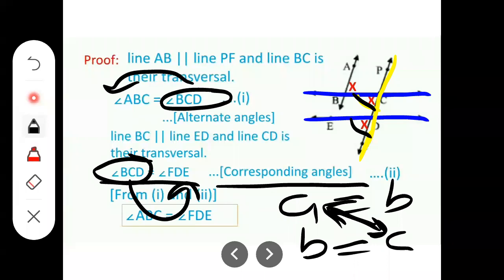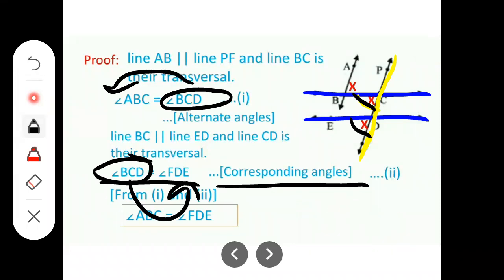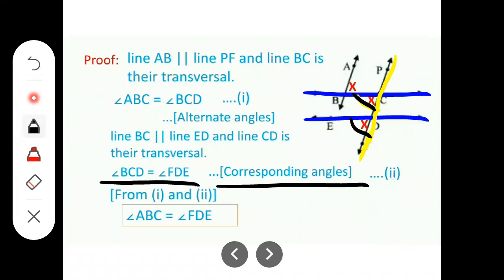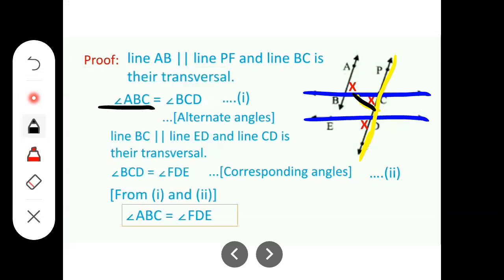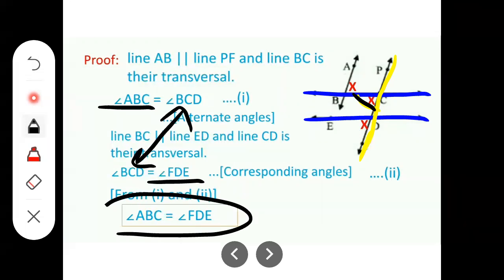So the rest of the two angles will be congruent to each other. That is what I have written here. See here, the two angles, this ABC and angle FDE, those will be equal to each other.